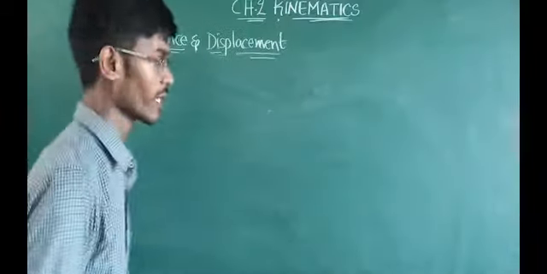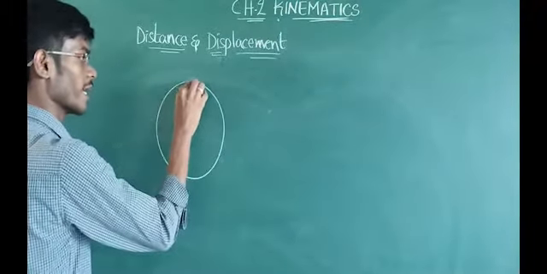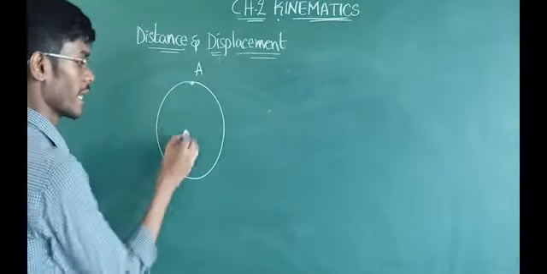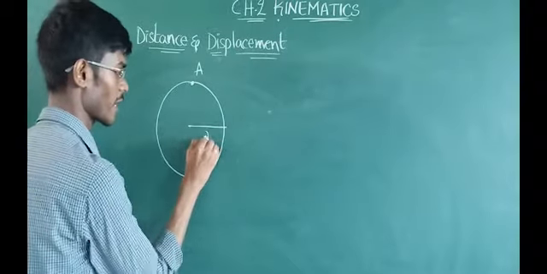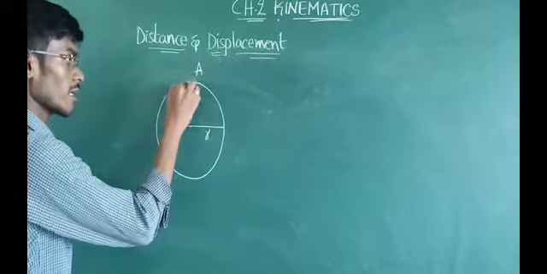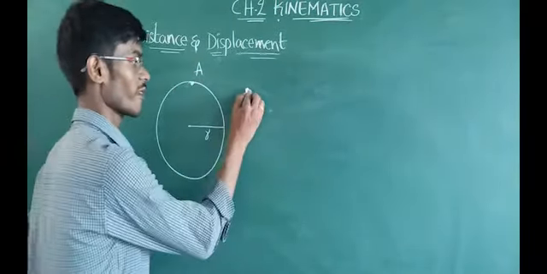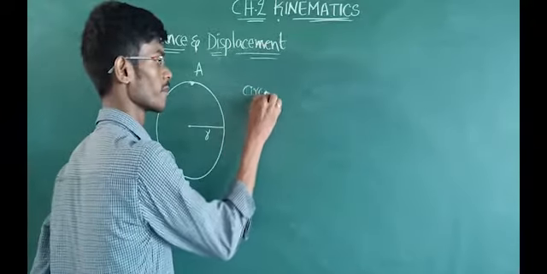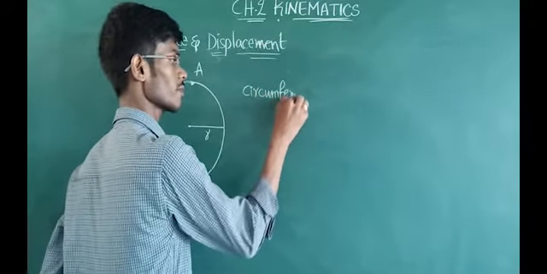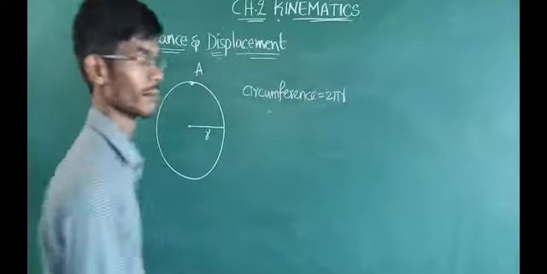Then, if an object is moving along a circular path, and here the object is starting at A and the radius of the circular path is r. To complete one revolution along the circumference of the circle is equal to 2 pi r.